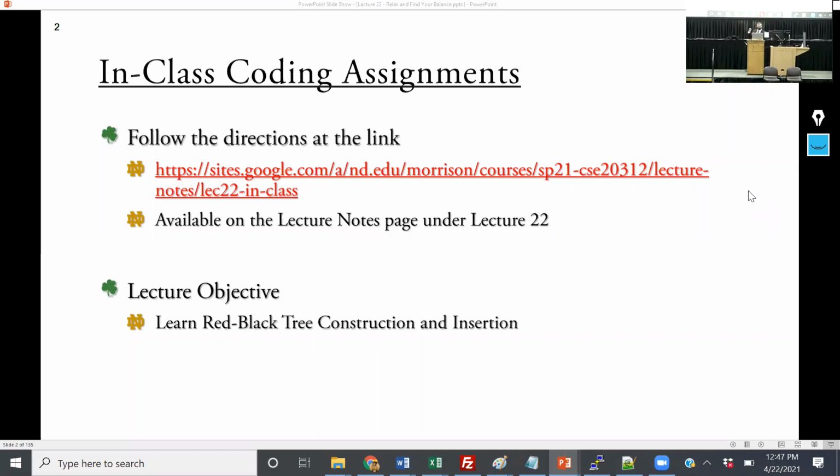We're going to cover a new data structure called a red-black tree. We're actually going to be spending today's lecture and next Tuesday's lecture on it. It's a combination of almost everything we've learned up to this point. And we're going to learn more about what's known as relaxed balance.